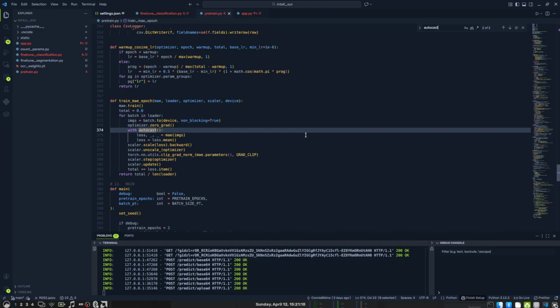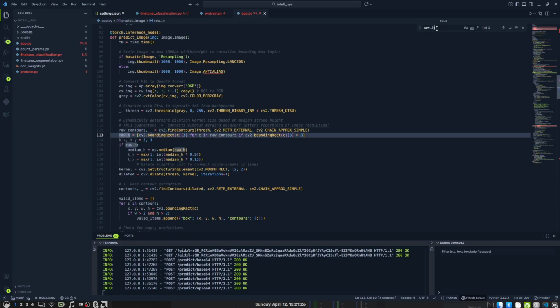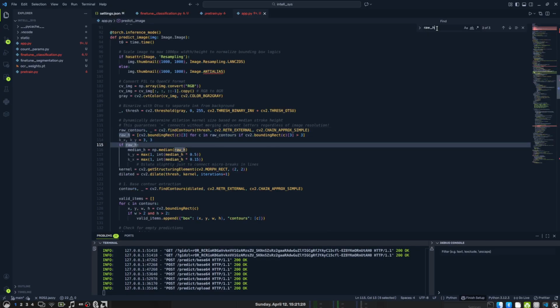And the next is the inference engine. Everything for inference is in this app. At inference we receive a full expression, a full image, not a pre-cropped symbol.